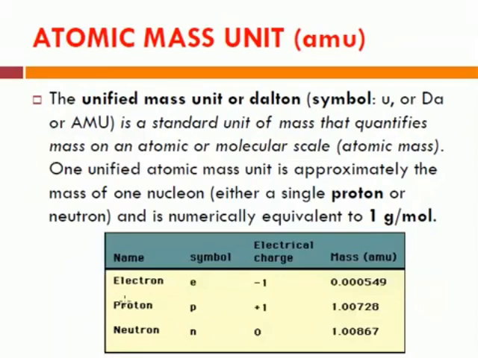For the electron, the electrical charge is negative 1. The atomic mass of the electron, or its mass in amu, is equal to 0.000549. This can be computed using your calculator.